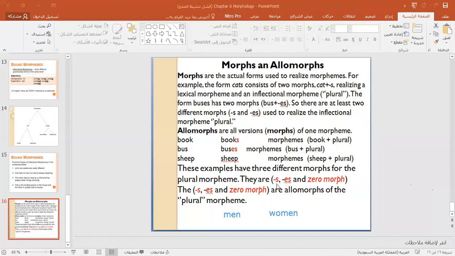So what do we call these three realizations that refer to one morpheme? They all refer to the plural morpheme. We call them allomorphs. The s, the es, the zero morpheme here are all allomorphs of the plural morpheme.